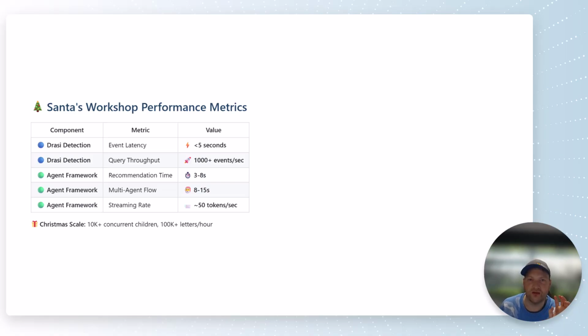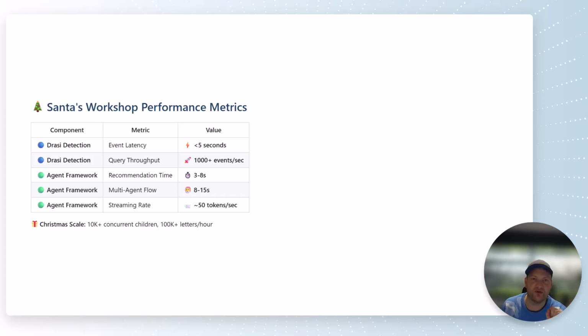When I was looking at a multi-agent flow, so those 3 elf agents, it did go up from 8 to 15 seconds, but I believe it made a huge difference in the quality of the output we were getting. The streaming rate was about 50 tokens per second.